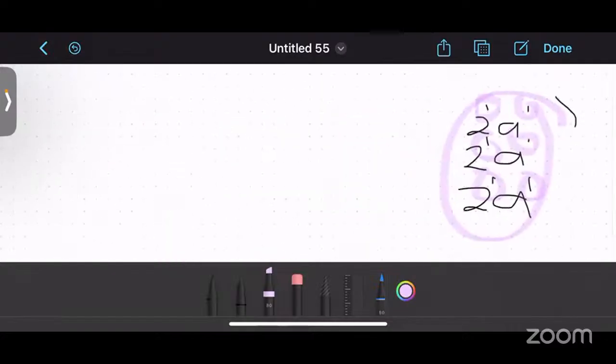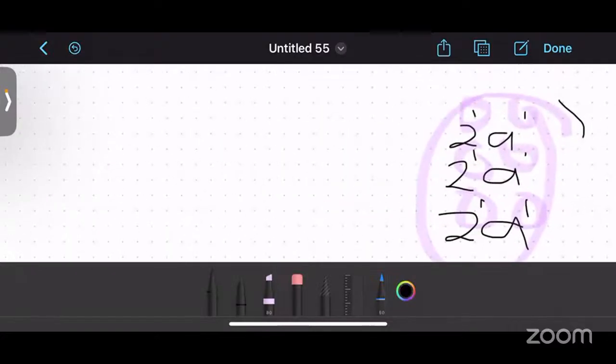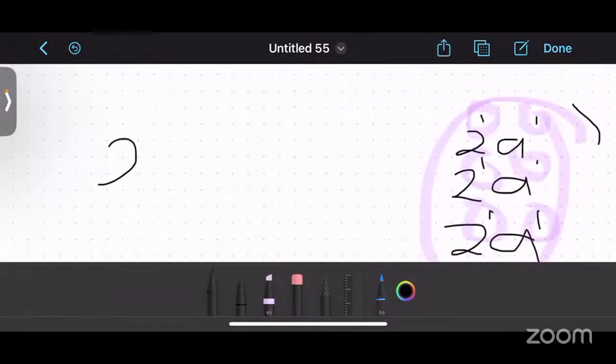Okay, so when you're multiplying the same bases, you're going to be left with just one base. If you're multiplying the same base and you're adding the exponents, you're left with just one base that represents all the exponents that you're adding. So we're going to have 1 plus 1 plus 1, right?